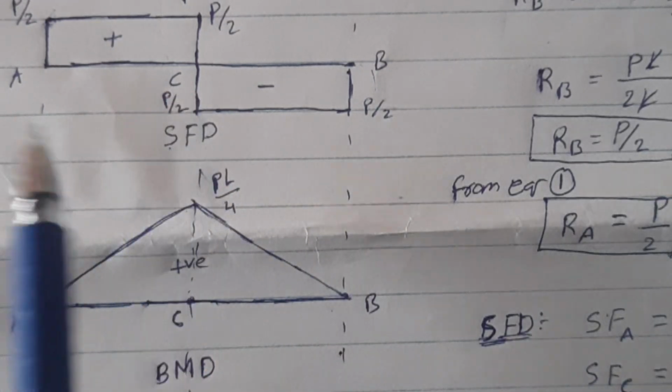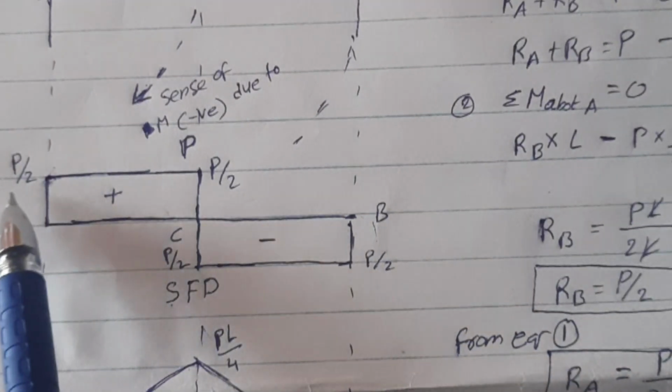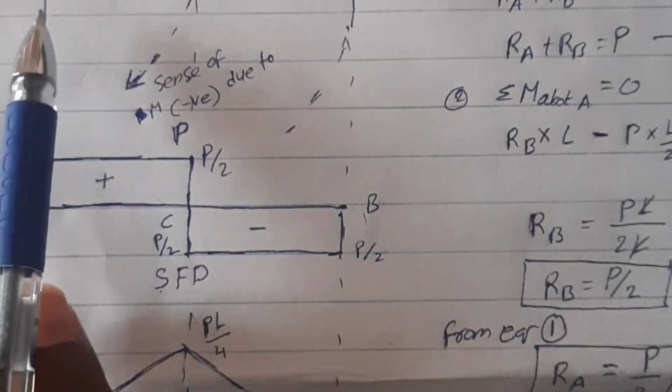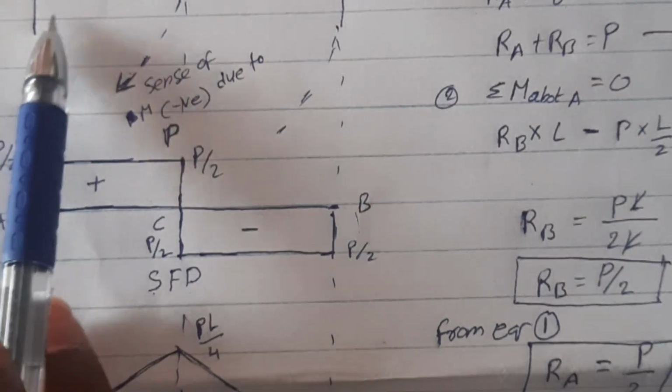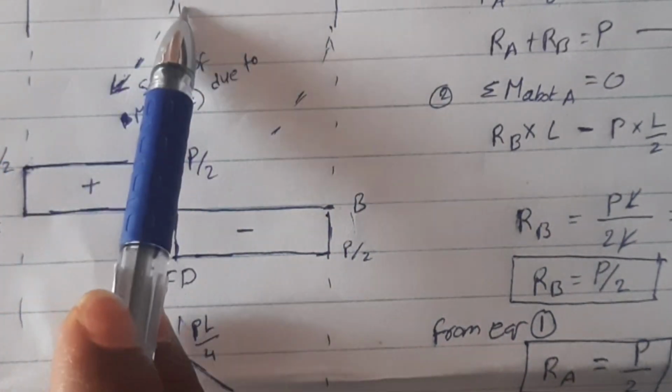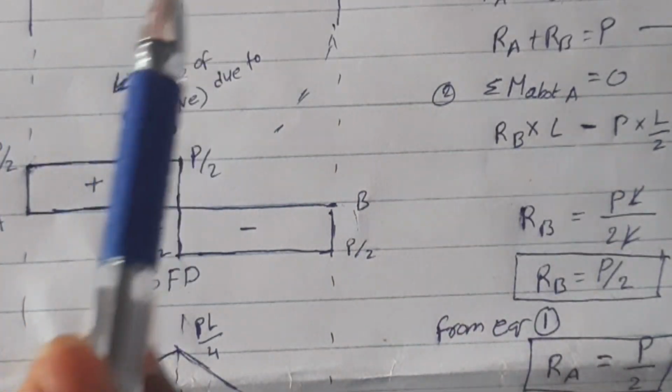In drawing the bending moment diagram, the shear force is constant. Why? Because the load is constant throughout the length, that means from point to point it is constant. There is no UDL or UVL.